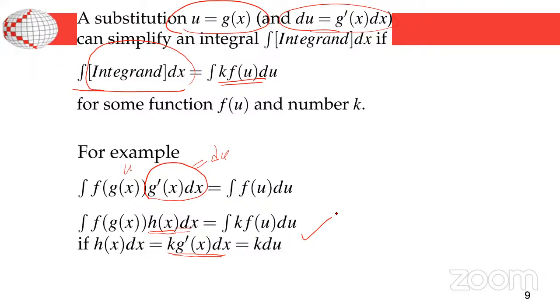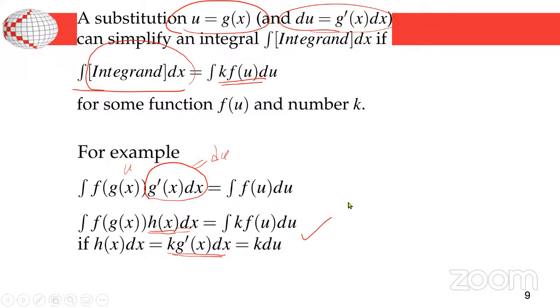Otherwise, you can think, what happens if u equals g of x? Can you relate the remaining part with du? If you can write the remaining part as du, or du times a constant k, then you're in a good situation.